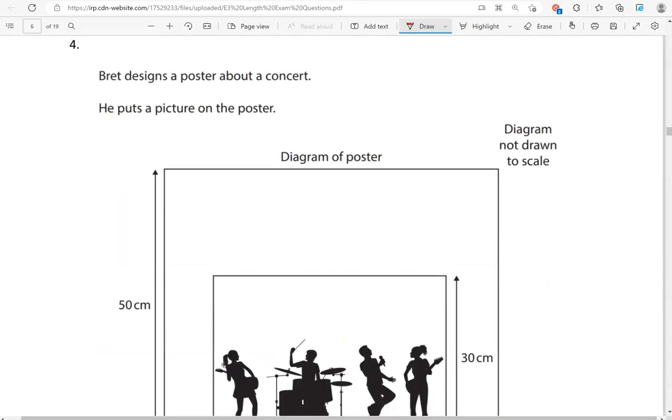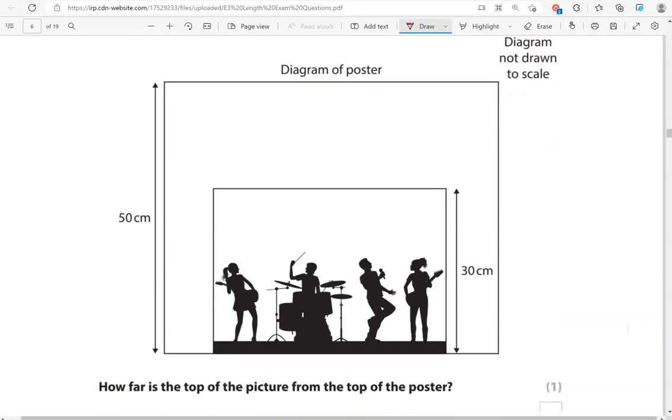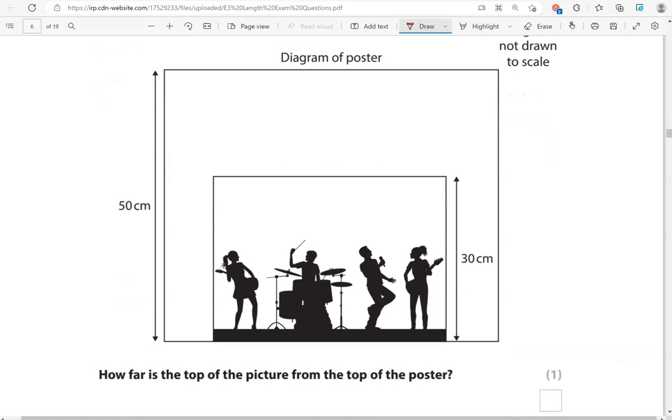Brett designs a poster about a concert. He puts a picture on the poster. How far is the top of the picture from the top of the poster? So here is the top of the picture, and here is the top of the poster.